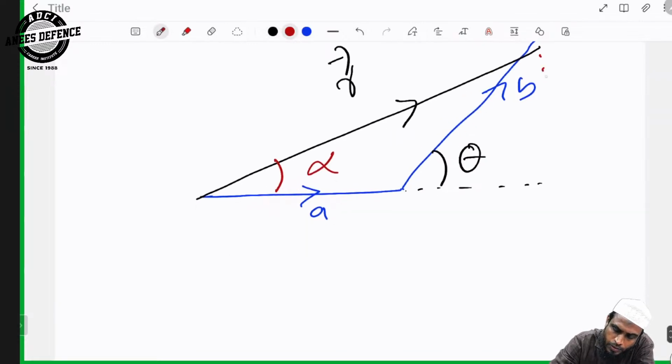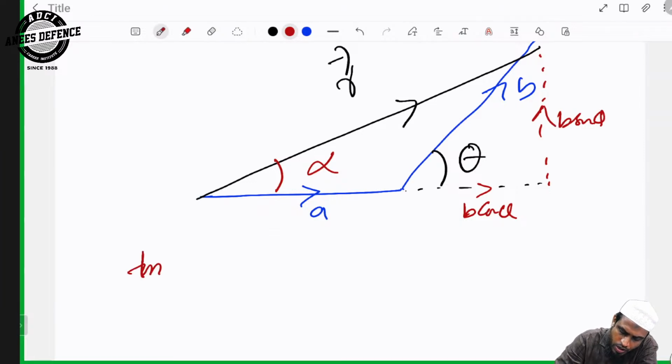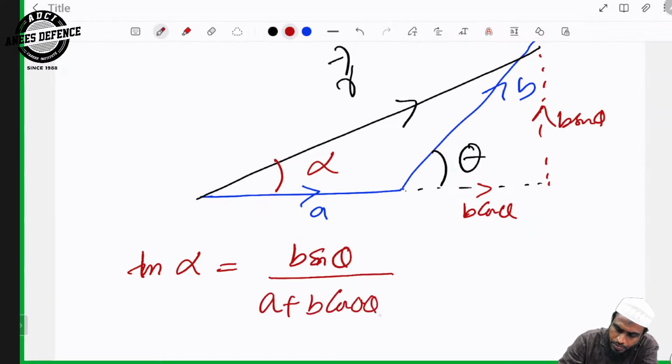Then this is B cos theta. This is B sin theta. Then tan alpha can be written as B sin theta divided by A plus B cos theta.